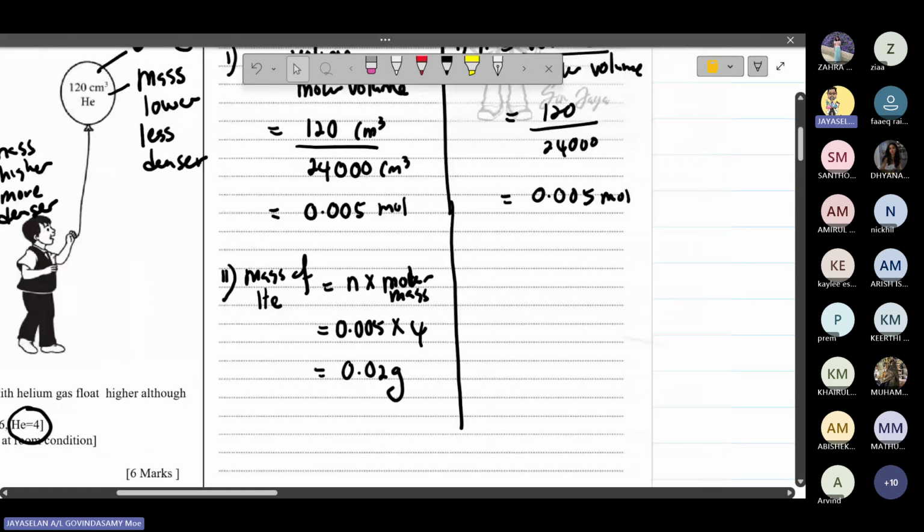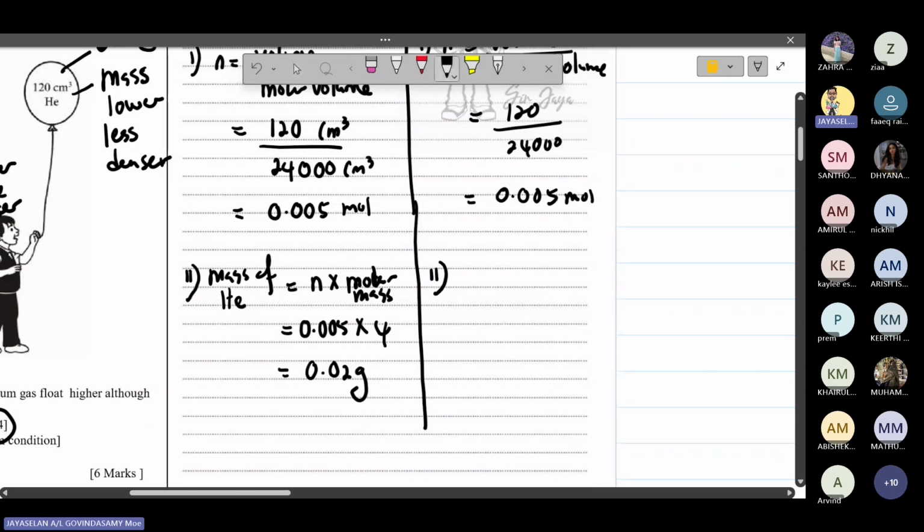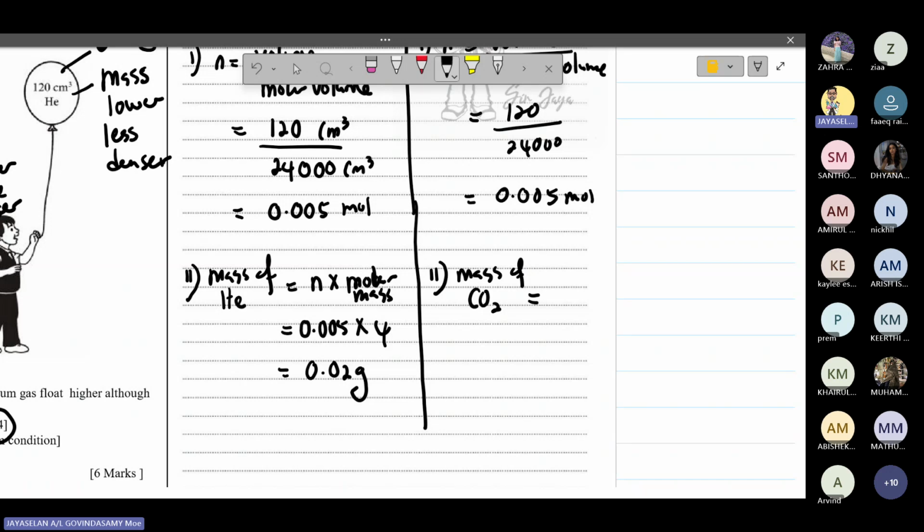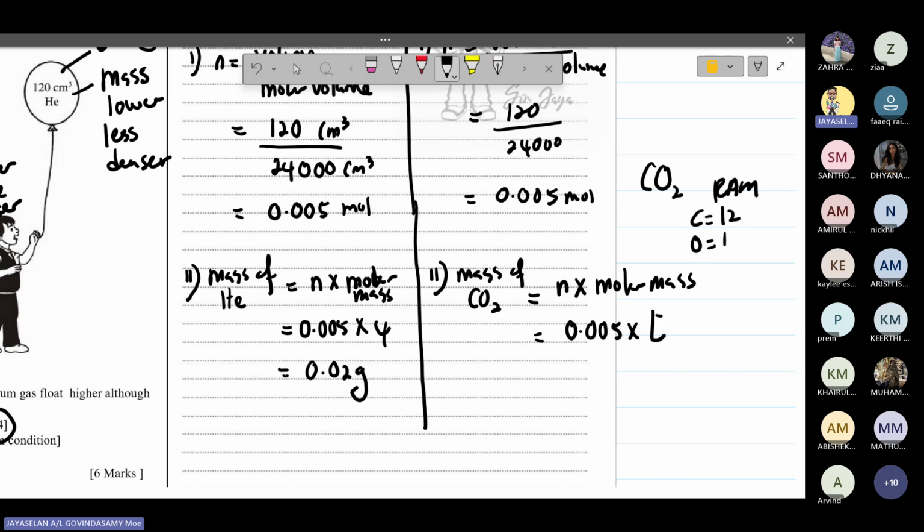Okay, now I do the same thing for carbon dioxide, mass of CO2. How to find the mass of CO2? Number of mole times with molar mass of carbon dioxide. Number of mole 0.005 times with molar mass of carbon dioxide. Carbon RAM diberi 12. Oksigen 16.